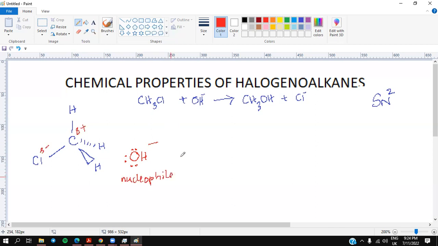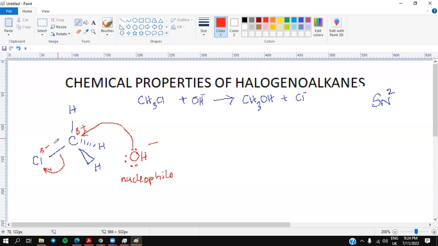I told you nucleophiles are able to give electrons. So this lone pair of electrons is given to this positively charged carbon atom. And then when it happens, the carbon-chlorine bond breaks, giving the bond electrons to chlorine.